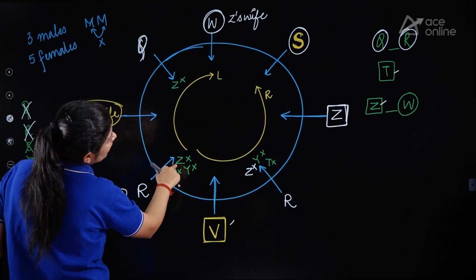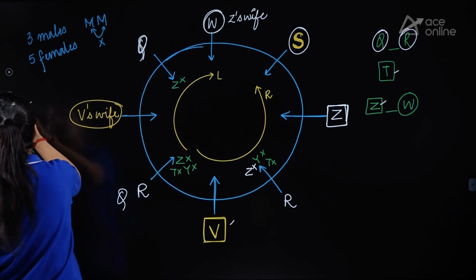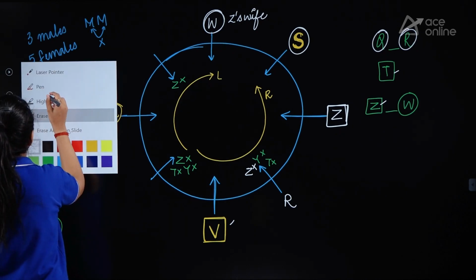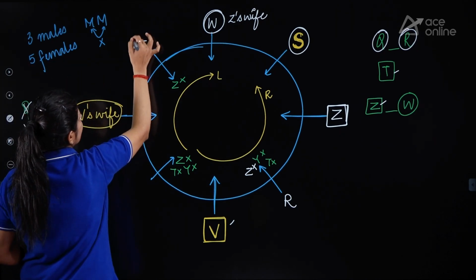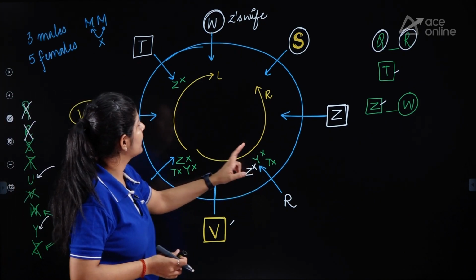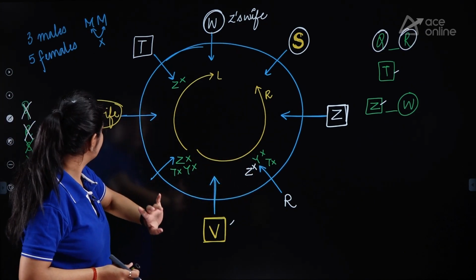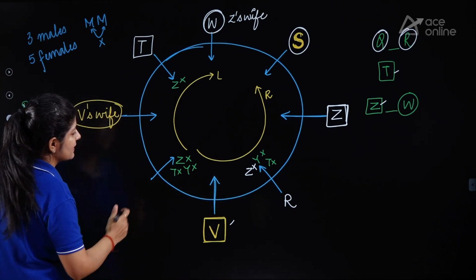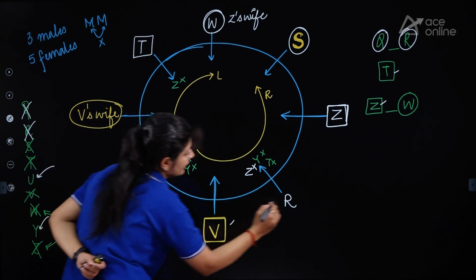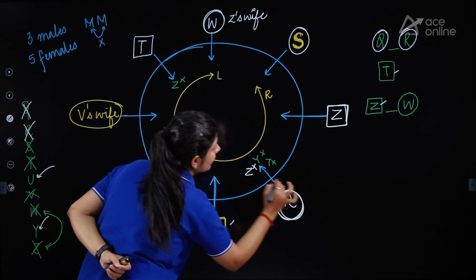So the only place that we have for T is this one, because here we can't put T, and here also we can't put T. If T is over here, then we can say that here we have Q and here we have R, right?